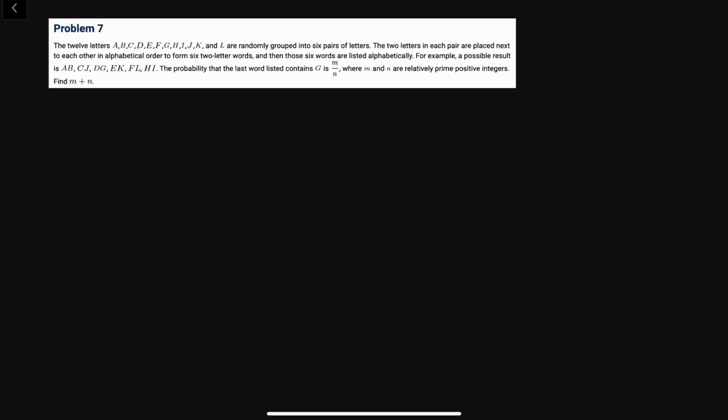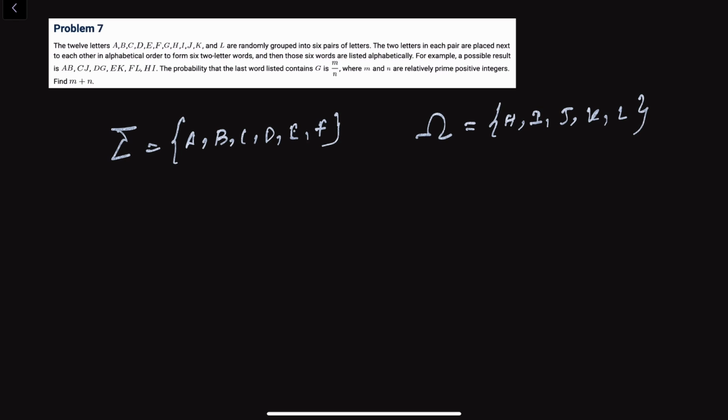Let's say sigma is the set containing the letters before G, that is A to F, and omega is the set containing the letters after G. So after pairing, each unordered pair we write the smaller letter first, and then the last word in the alphabetical list is the pair whose first letter is largest. So that's how we're breaking our cases.